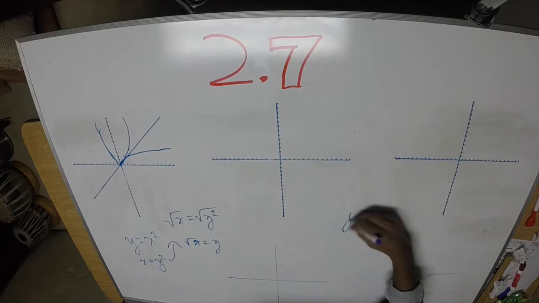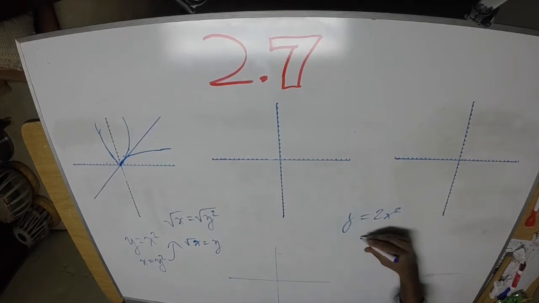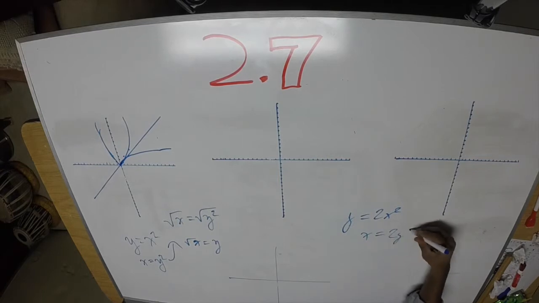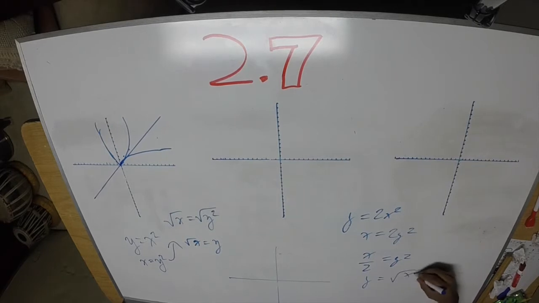Let's say we have y equals 2x squared. Switch up the x and y values, and that becomes x over 2 equals y squared. So y equals root x over 2. So let's draw a table of values over here.